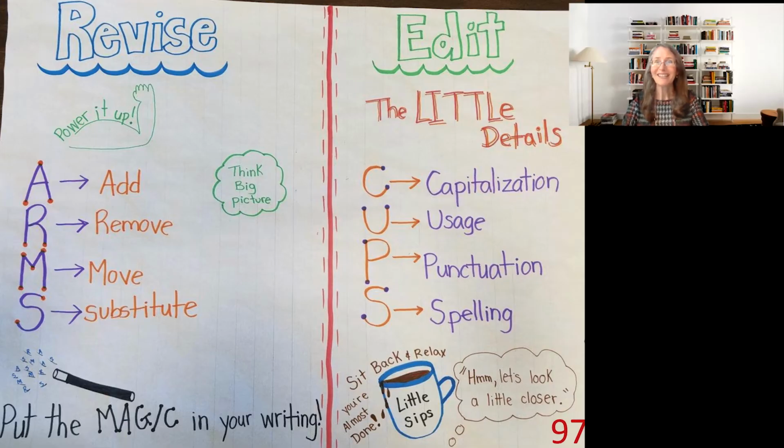Before we dive in, let's talk about a quick difference between revise and edit. So revise, as you see, is where you either add, remove, move, substitute. Those are the big picture substantive changes that you make. And editing is the little cleanup at the end where you look for missing periods, capitals, punctuation. It's important to remember the distinction between these two, because you really want to spend most of your time on revision.